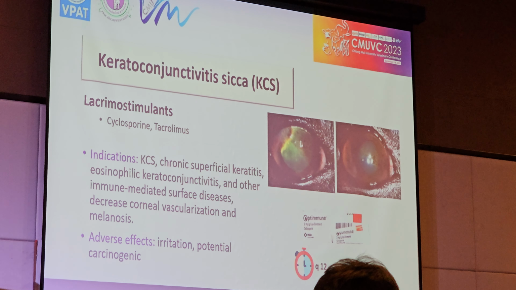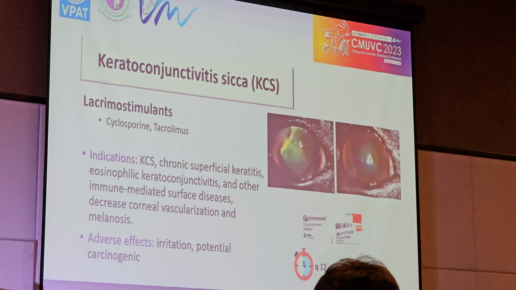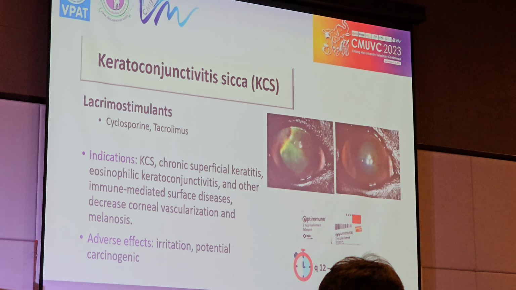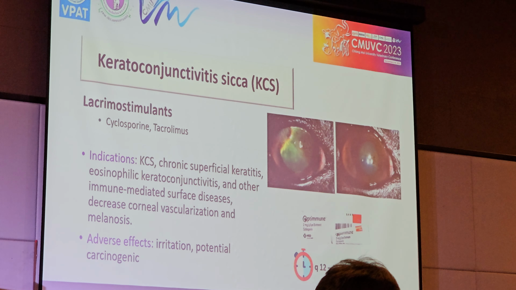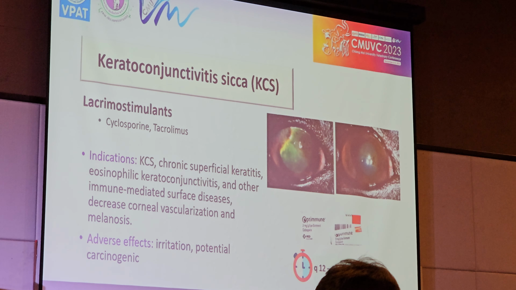The first to consider in the topical treatment of KCS is the lacrimostimulants, such as cyclosporine and tacrolimus. They can reduce the immune-mediated infiltration of the lacrimal gland and promote the mucin production from the conjunctival goblet cells. The indications of drug use are KCS, chronic superficial keratitis, eosinophilic keratoconjunctivitis, and other immune-mediated ocular surface diseases.